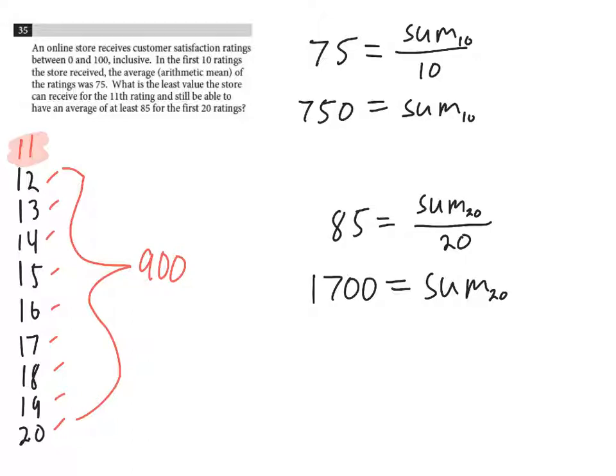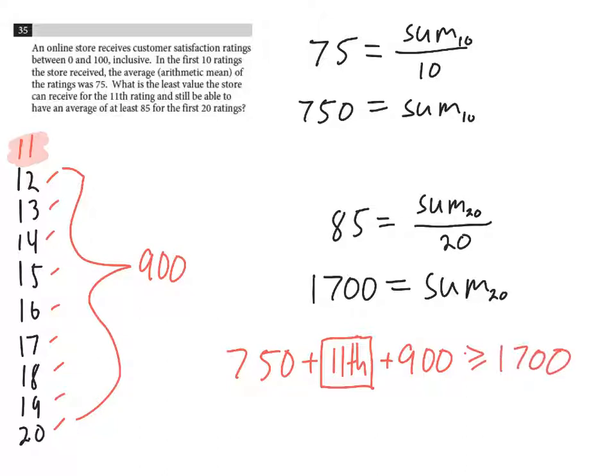Well, we want 750 plus the 11th, plus 900 for the subsequent 9. We want that to be greater than or equal to 1700.